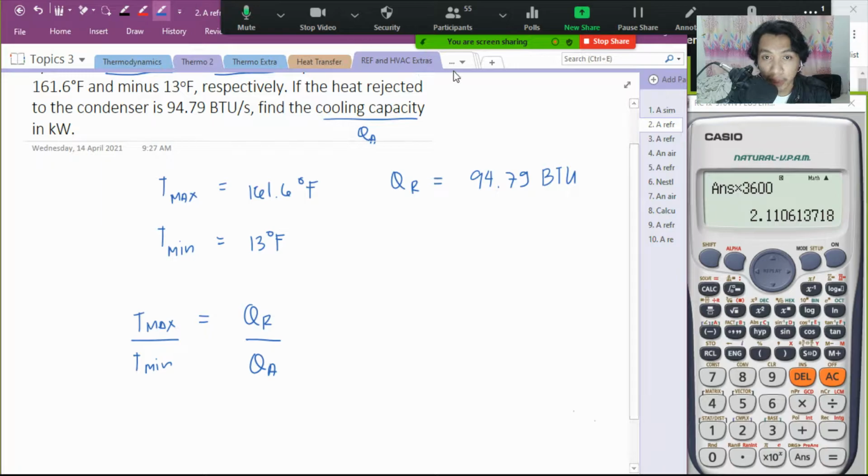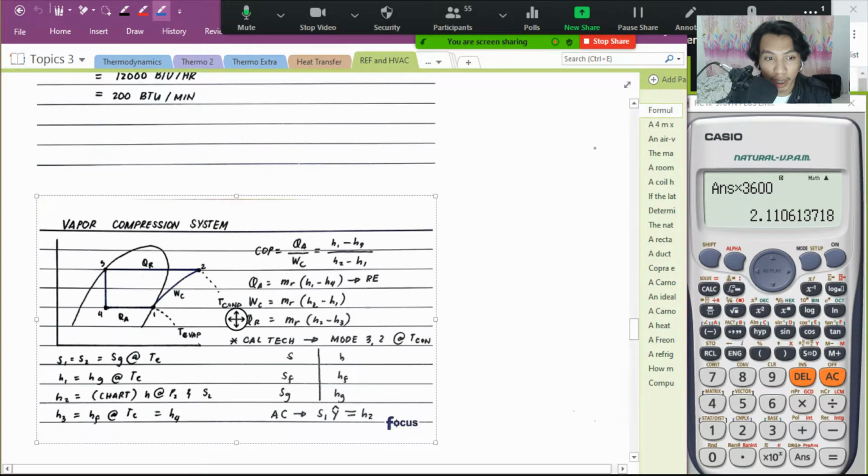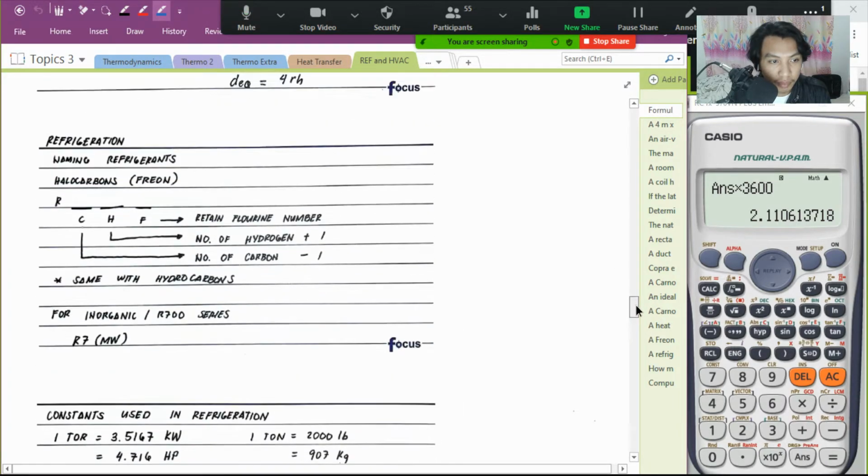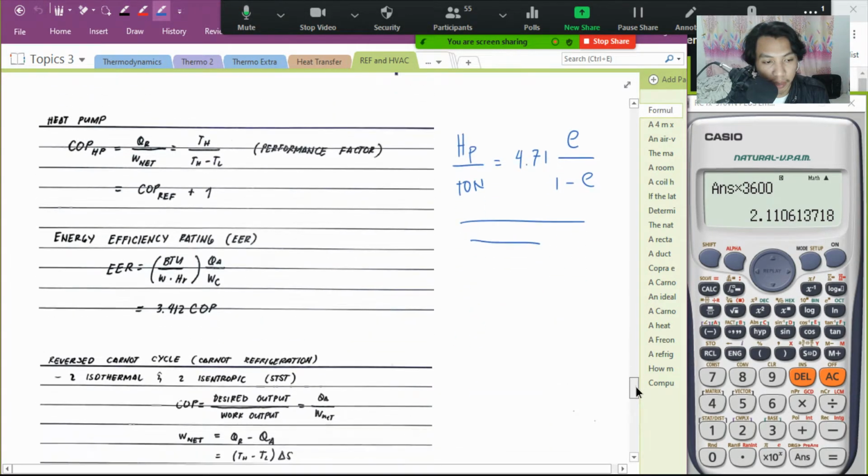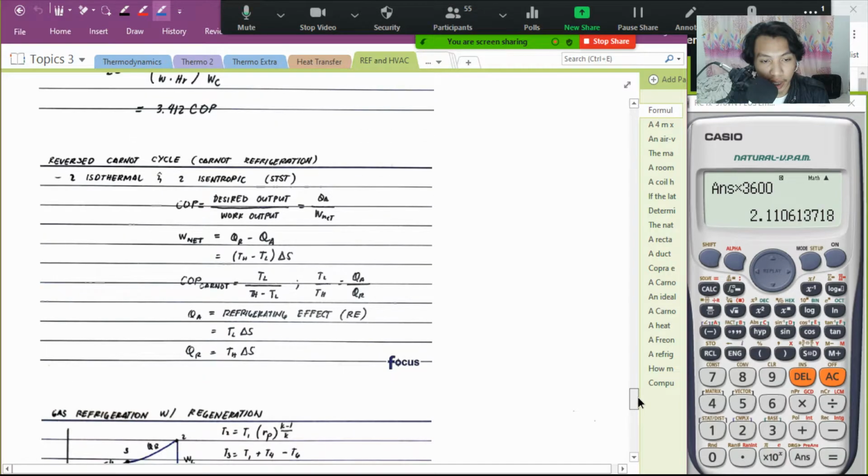Okay, pwede natin balikan kung hindi nyo maaalala. Let us get back with the formula nung Carnot cycle. Ayan. TL is QA, TH is QR. Pwede magkabaliktad. T high over T low equal to QR over QA. Pwede rin to.